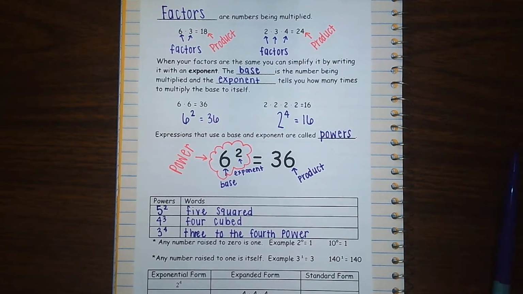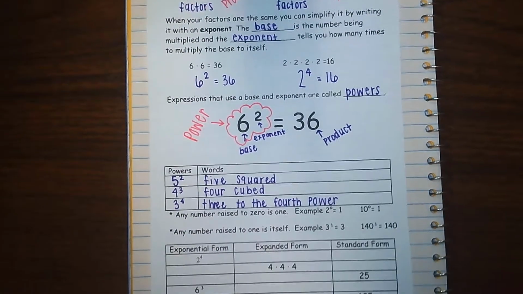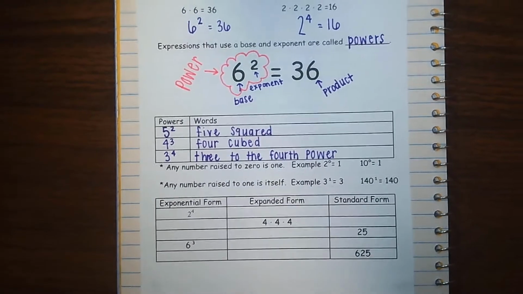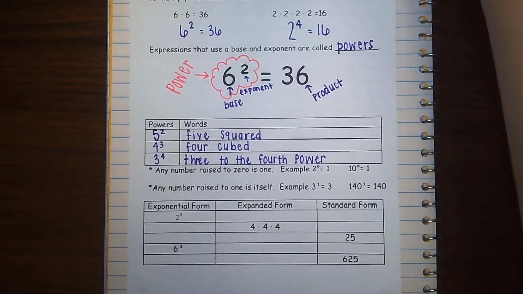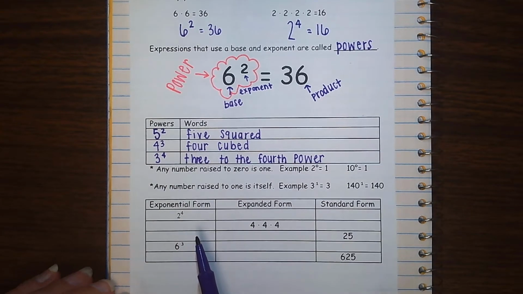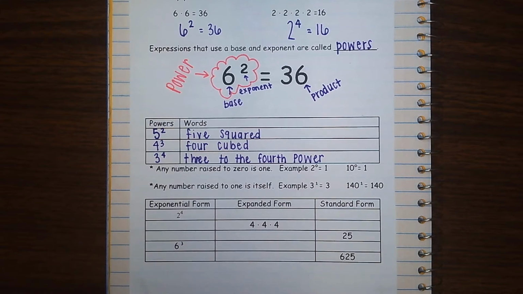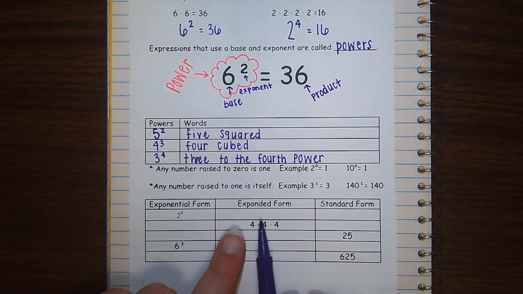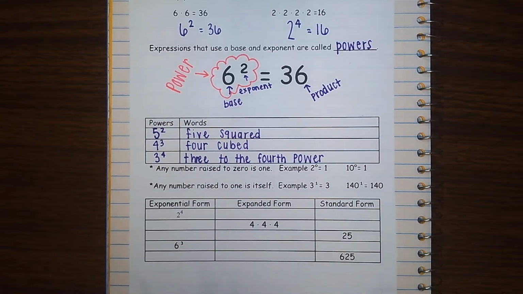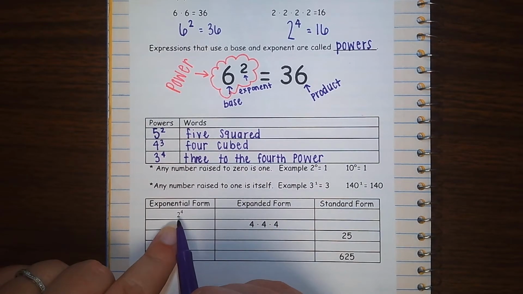Okay, so let's practice just a little bit in our different forms. We have a few different forms that we look at. The first form is called exponential form. Exponential form is just written as a base and an exponent. Expanded form is basically how you would do that math. So for this one, our base is 2.